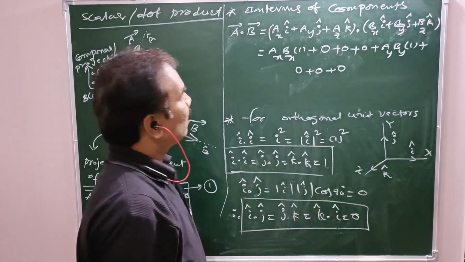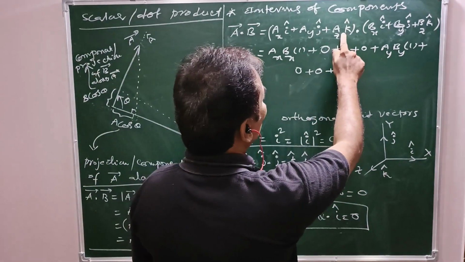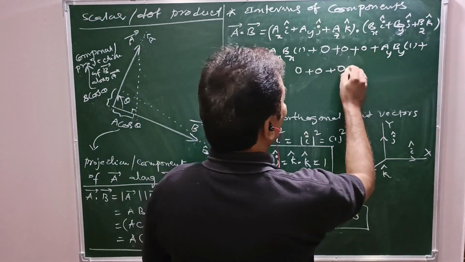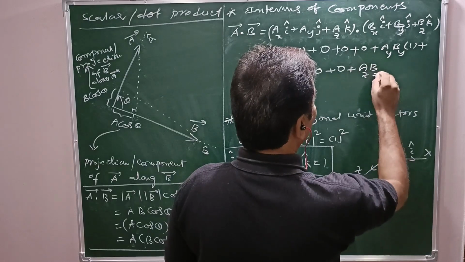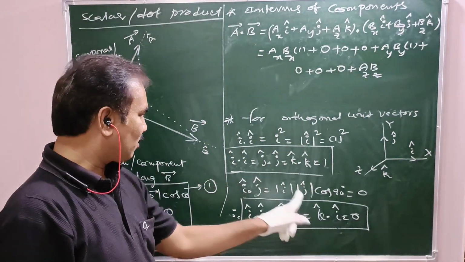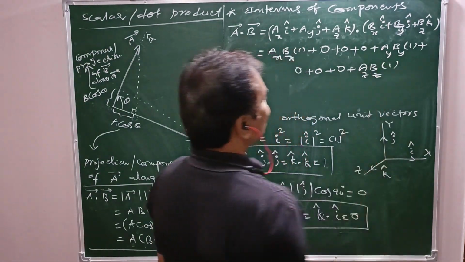Now third term into third term, that is az bz into k dot k. What is k dot k? 1. We are left with az bz into 1.